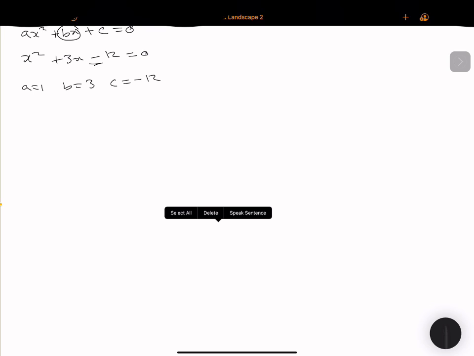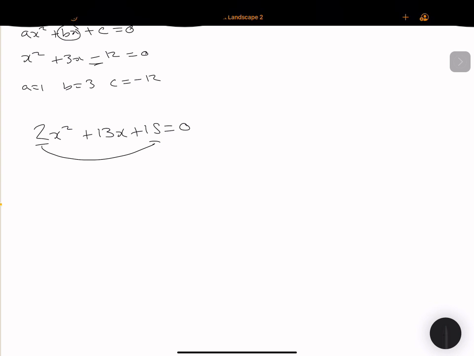Okay, so let's do an easier one. So we're going to times this by that, which equals 30, plus 30.